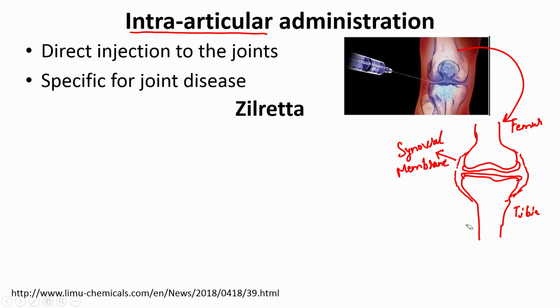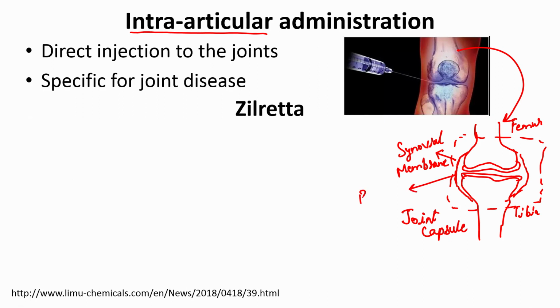And this whole system is called the joint capsule. Now that you have this joint capsule surrounded by the synovial membrane, this synovial membrane is actually very well vascularized.